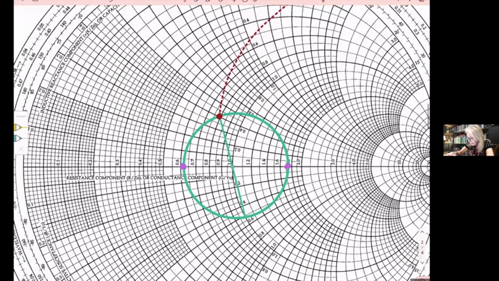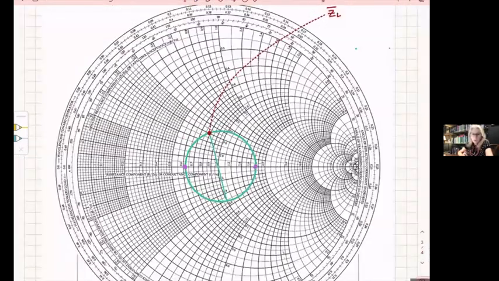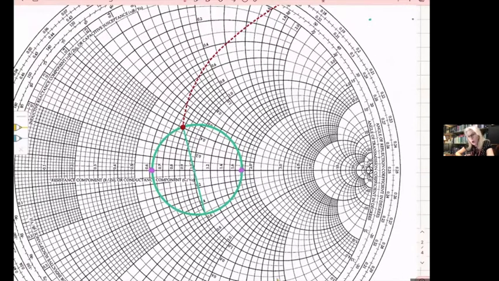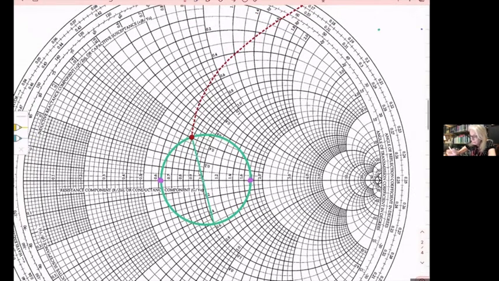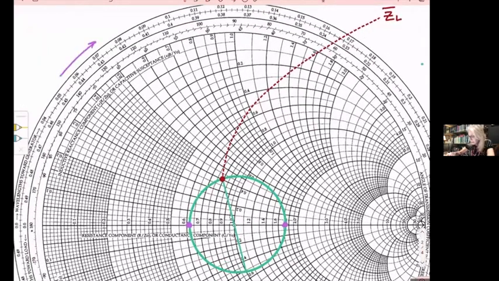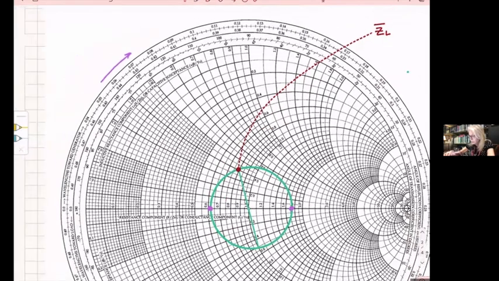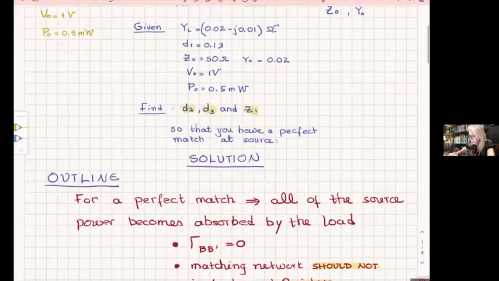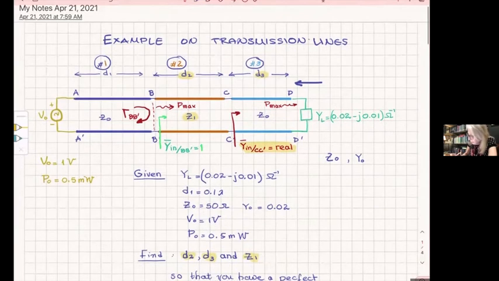Now, what makes your choice? Which one are you going to choose? It depends on how long of a line you want to have for D3. You only know that you can move along this direction. This is the only direction to move away from your load. You remember why? Because you are at the load and you are moving towards the generator.